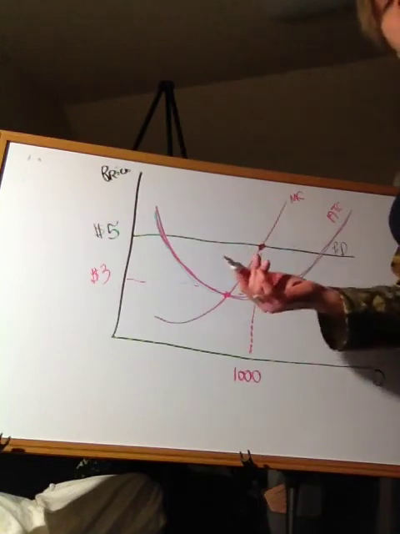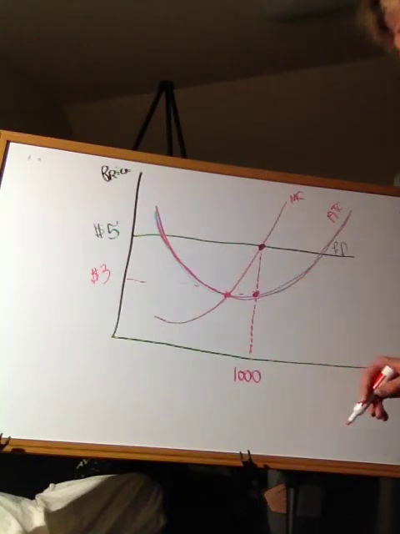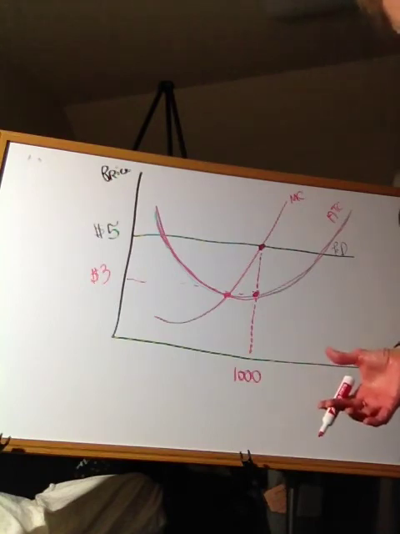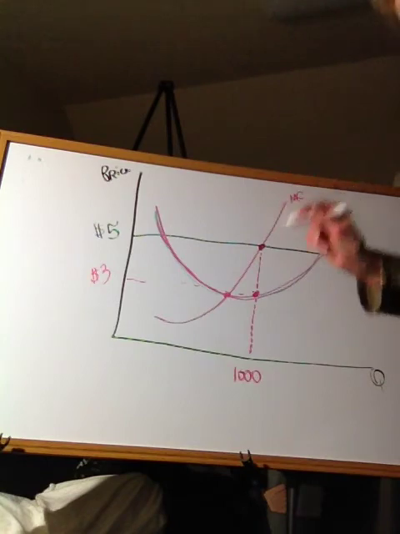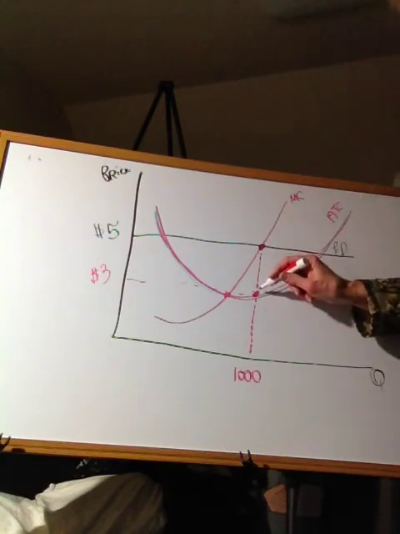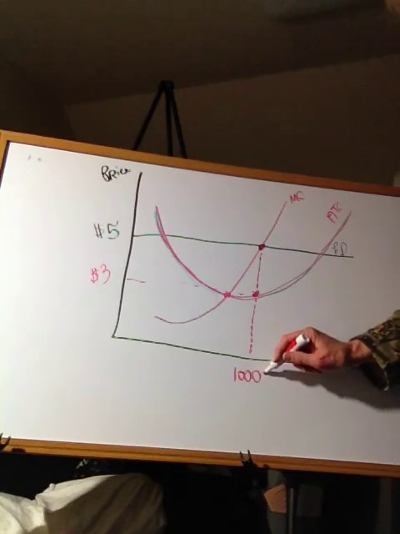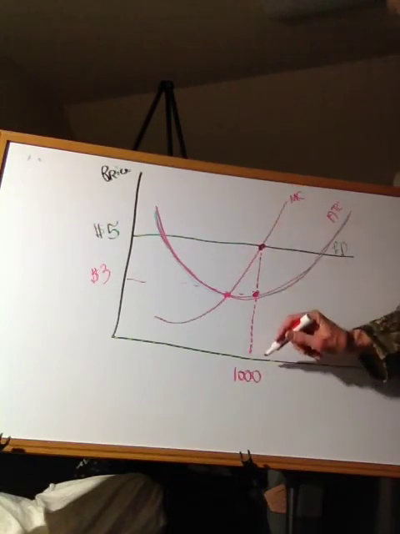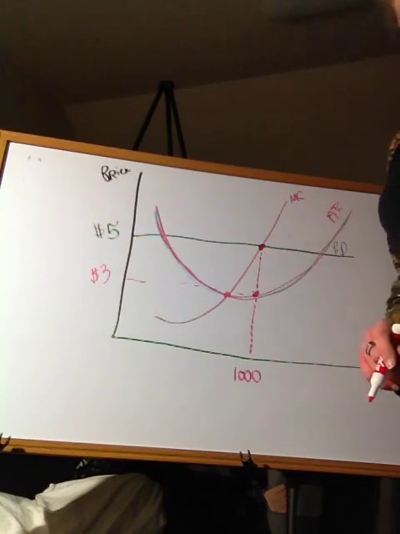That's going to be your profit per unit. In this case, we're talking about corn, so we're talking about bushels. So 5 minus 3 is 2, so he's going to make a $2 profit per bushel. The third step, we take that profit per bushel and we multiply it times the quantity. So 2 times 1,000 would give this farmer a $2,000 profit.